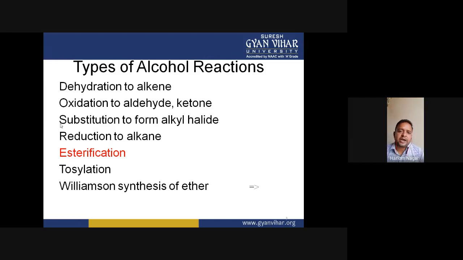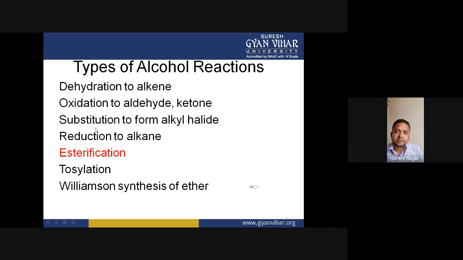Aldehyde is formed by the oxidation of primary alcohol, and by the oxidation of secondary alcohol, ketone is produced, right? So it is a very important compound. We can produce various categories of compounds by using alcohol as a reactant molecule.